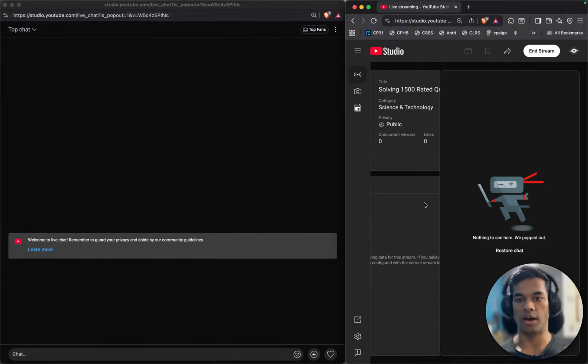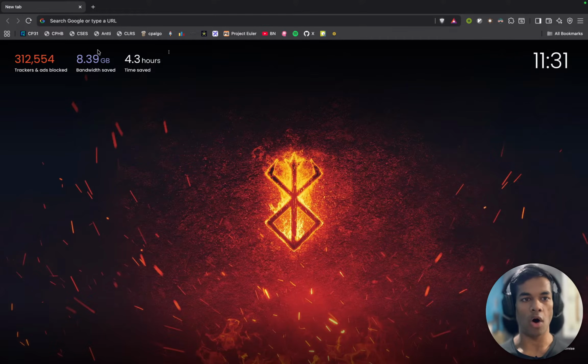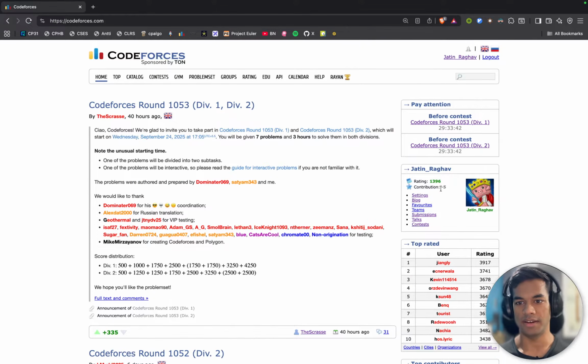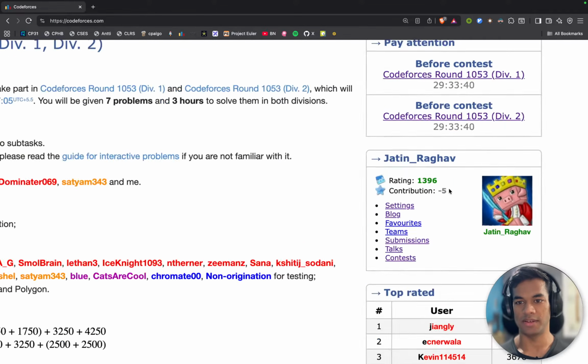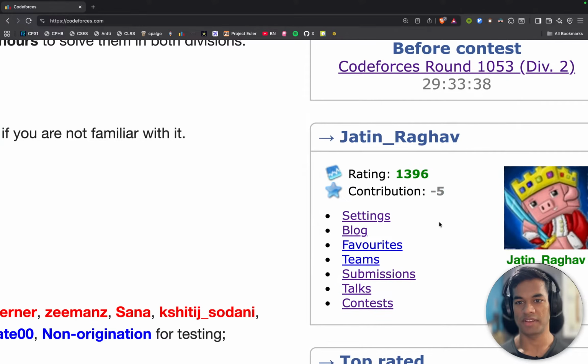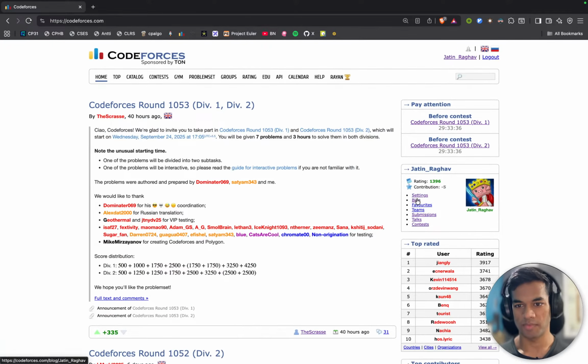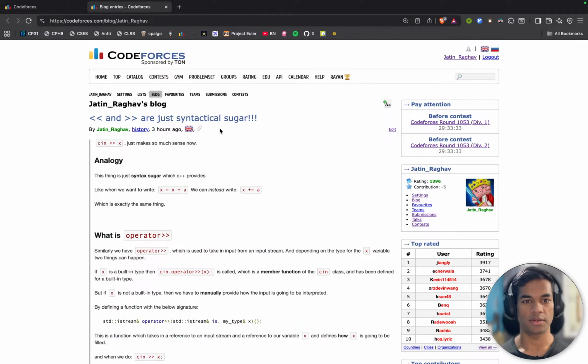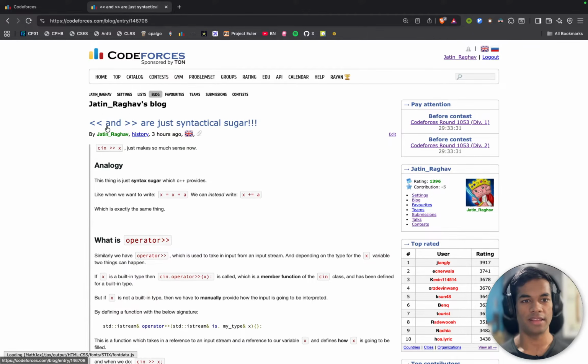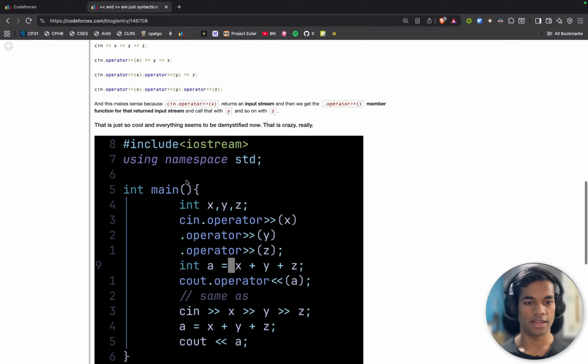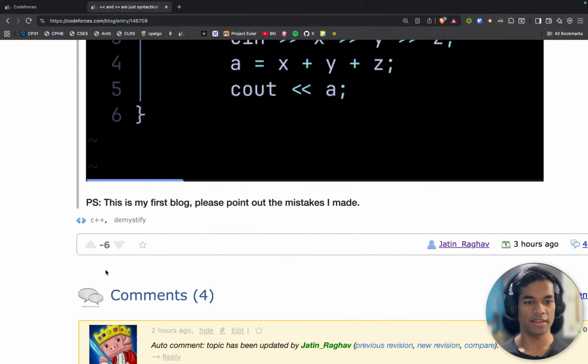Today I wrote my first blog on Codeforces. Right here, this one. These are just syntactical sugars, and people don't seem to like it somehow.